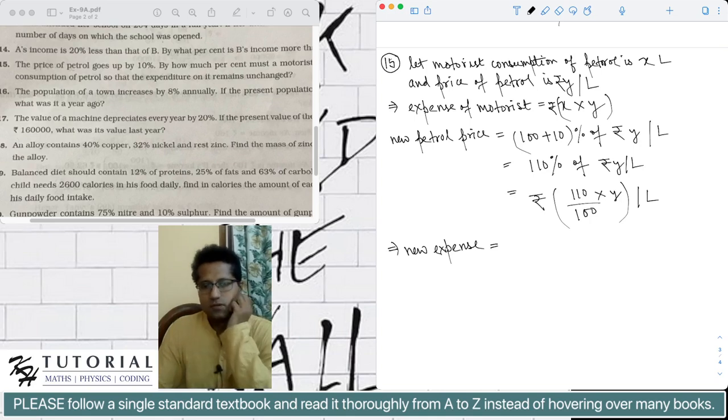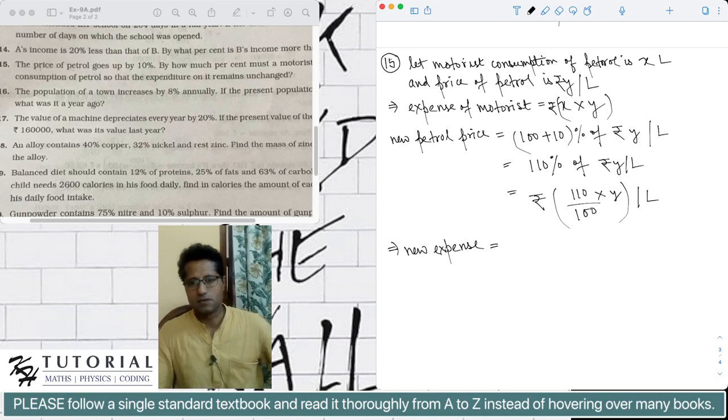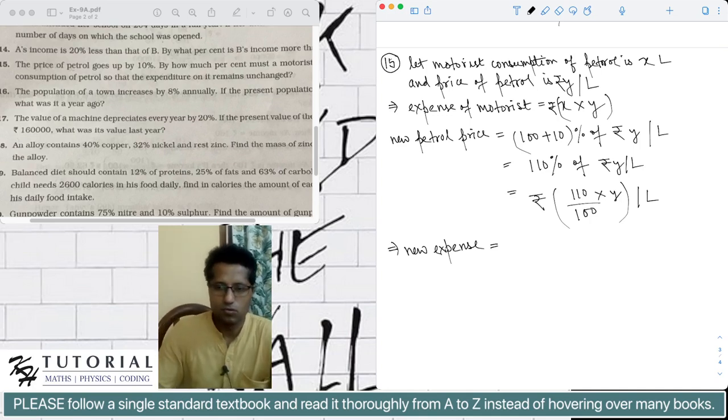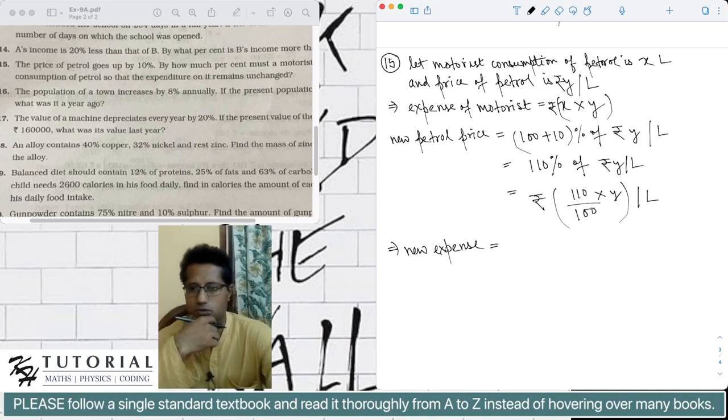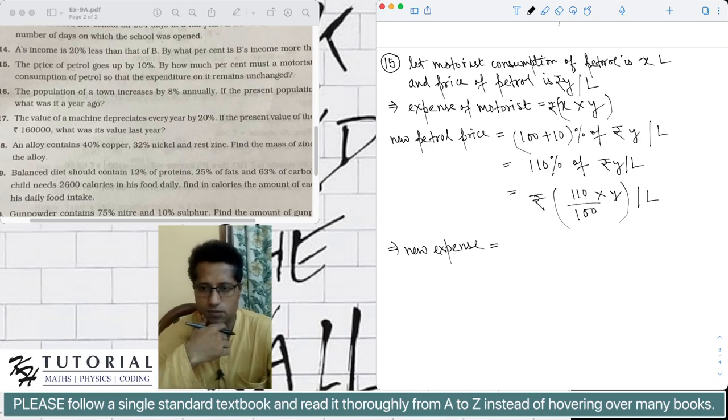Initial expense was x into y, and it is saying that keeping the expense same, the motorists have to reduce the consumption of petrol, where the new price of the petrol is rupees 110 by 100 into y.